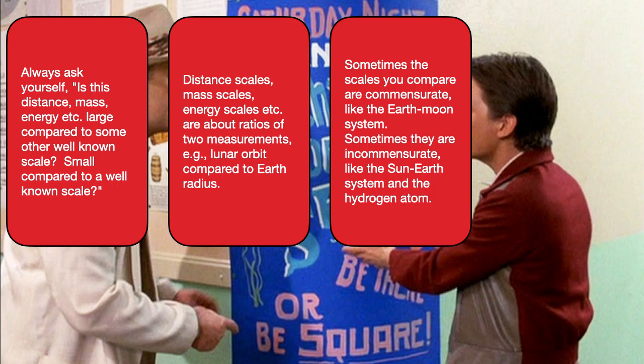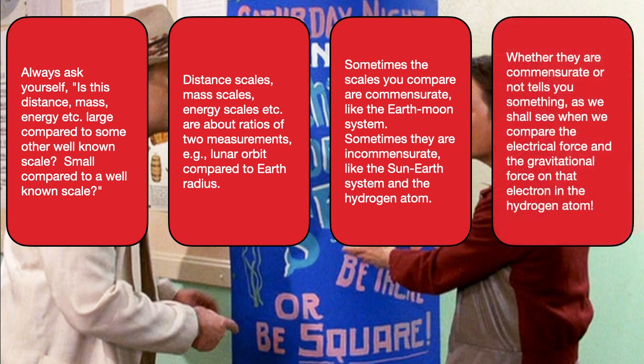Now, if you were able to measure the size of a neutron, you'd probably find it similar to the size of a proton, and then those two diameters might be commensurate. But the electron orbit and the proton diameter definitely are not. So those are two vocabulary terms you want to remember: commensurate and incommensurate.